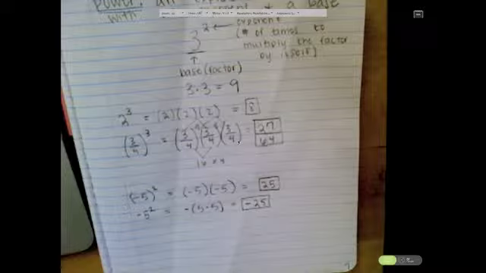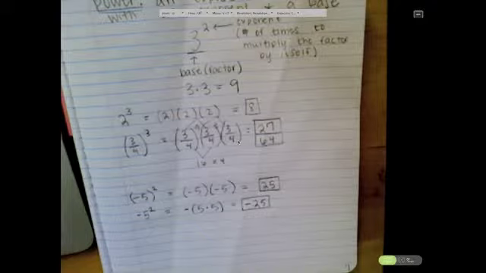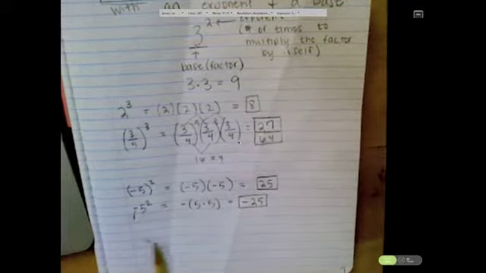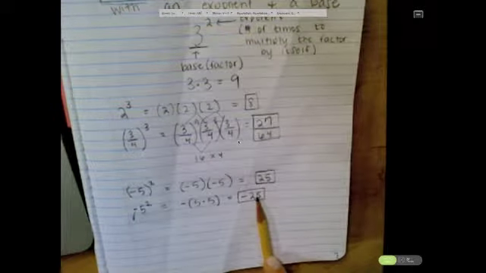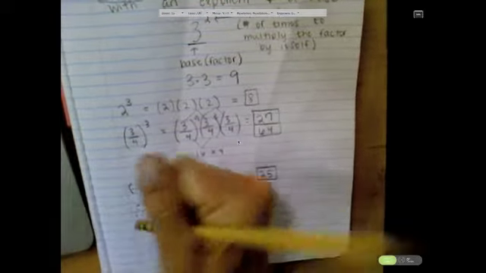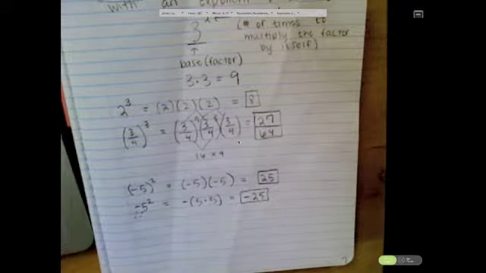If the base is in parentheses and it has a negative sign, then repeat the negative sign with all of your factors. If it is not in parentheses, then leave the negative sign in the front. So basically that means if it's not in parentheses, your answer will always be negative, okay, because it's just going to camp out right there at the front. Okay, let's do a couple more examples like that.